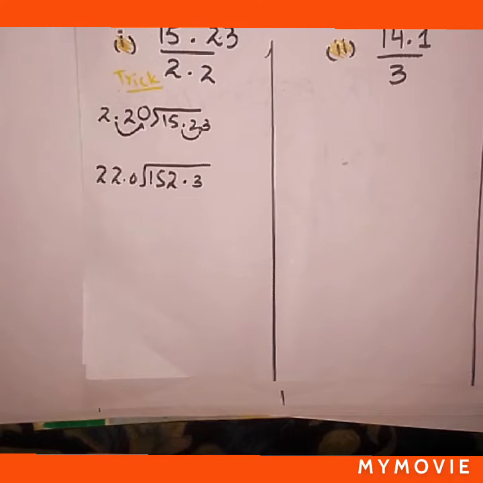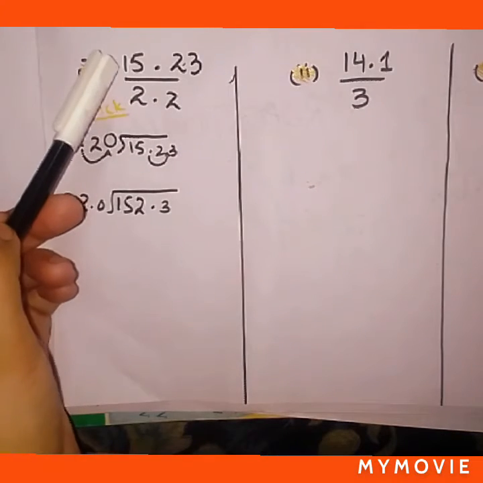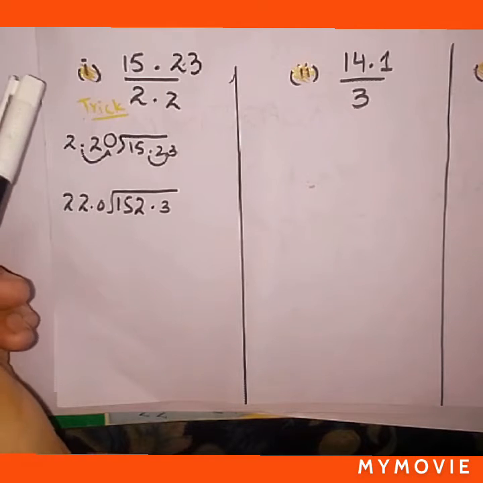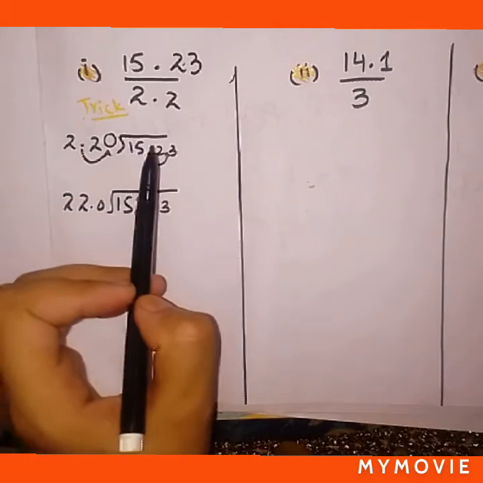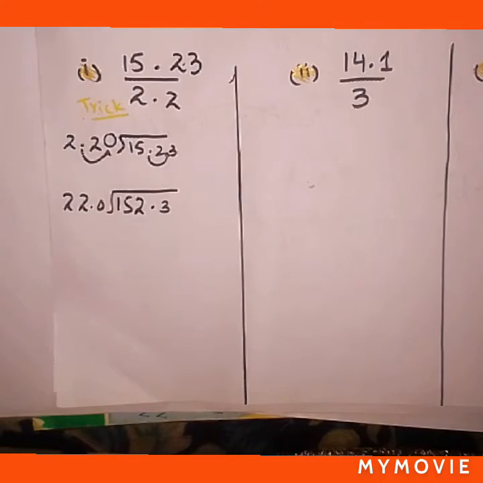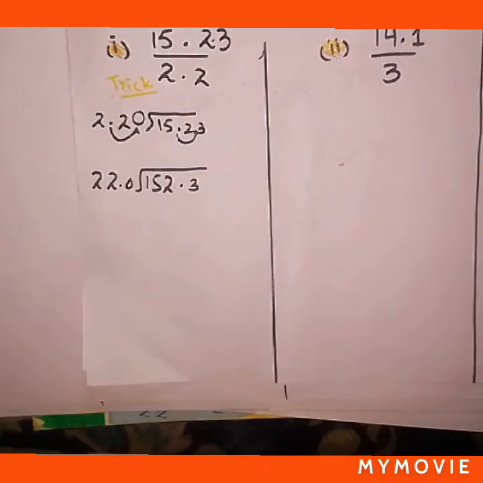You can also do it in fractions, and you can also change decimals into whole numbers by eliminating points from the numbers. This is the easiest way: numerator divided by 100 and denominator divided by 10. It is a trick that can be useful for you.